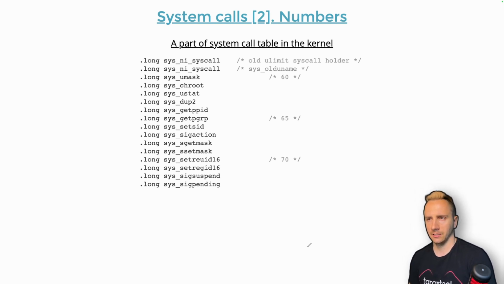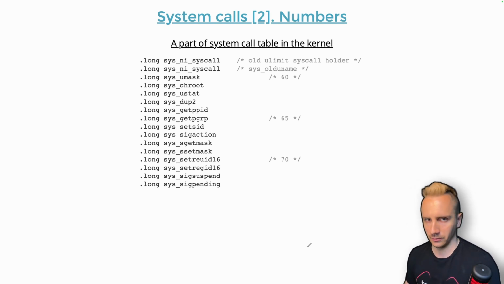It's not like you send the request to the kernel with the system call name. It is rather done by identifiers. All the system calls have unique IDs, and your user space process can tell the kernel that I want system call number 65 to be invoked with some arguments.